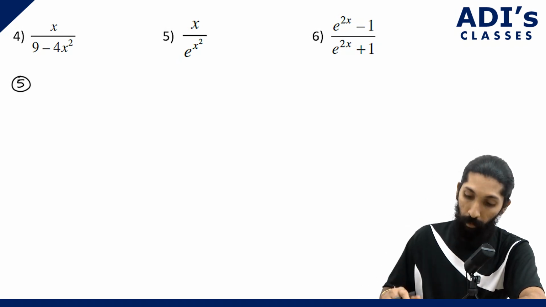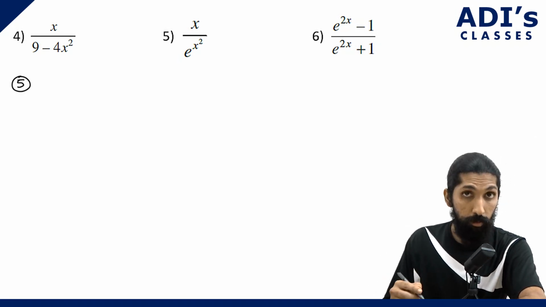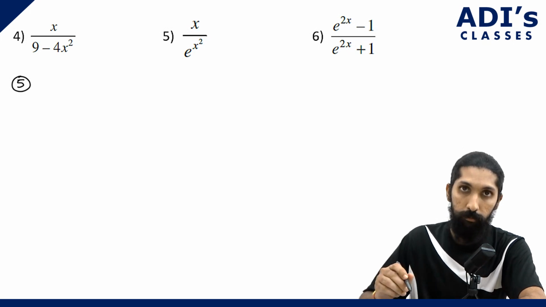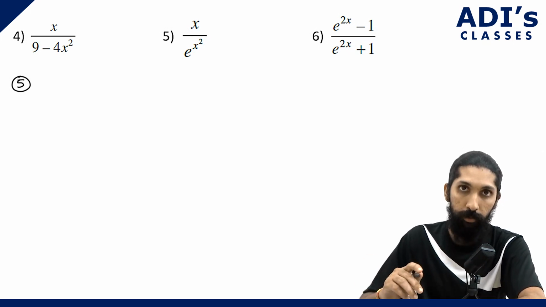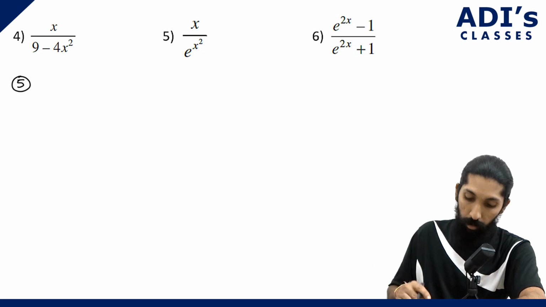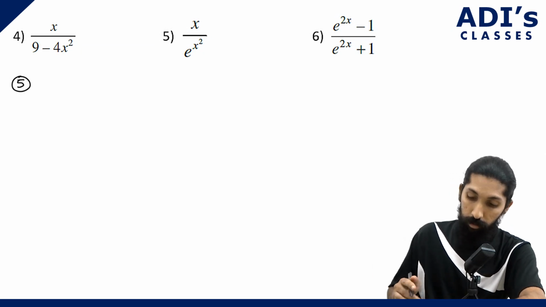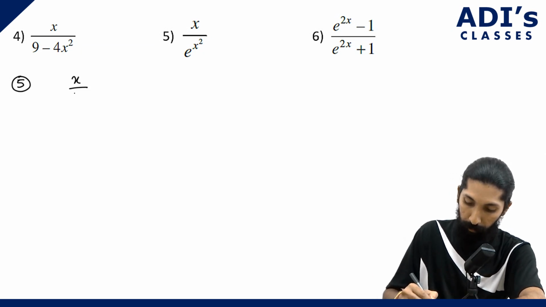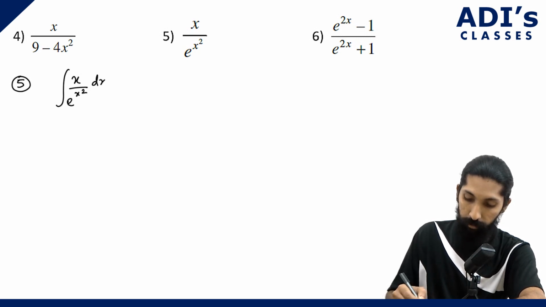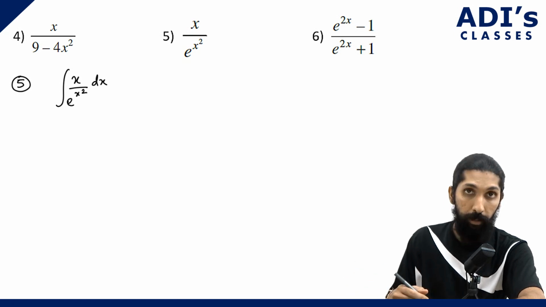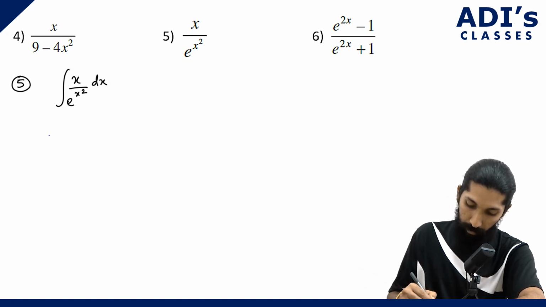So here, you can also do double substitution for this one. Let me show you that also. All right. Now what we have is x divided by e to the power of x square. Right. So you need to do this one. First, what you can do, you can take x square as t.